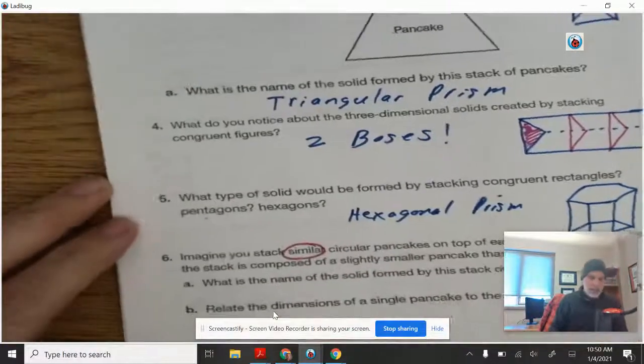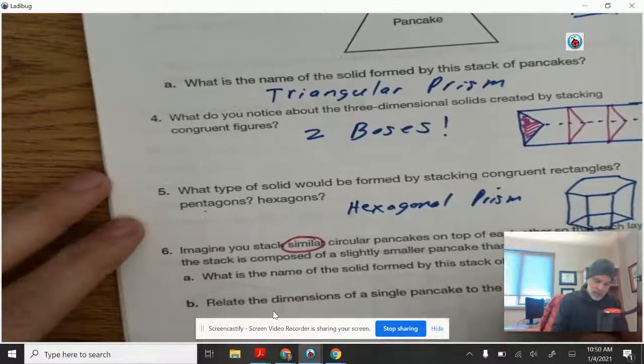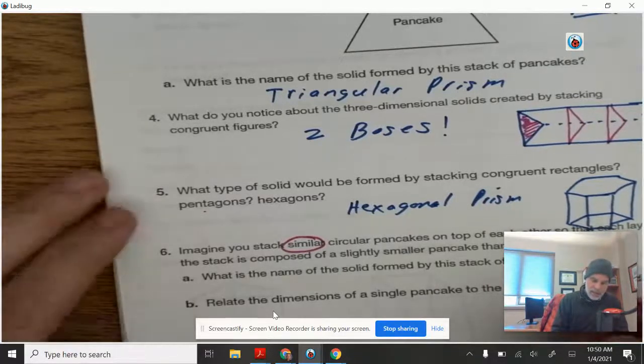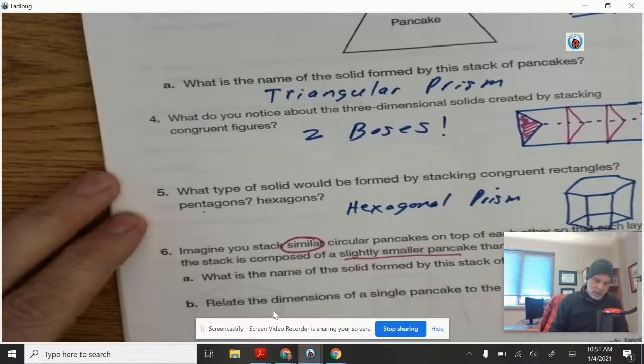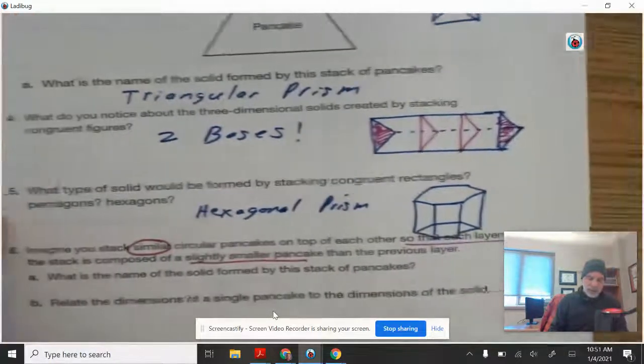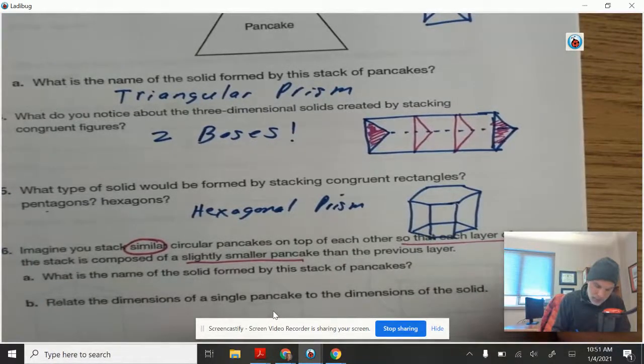Similar meaning each one has been dilated, and it says we're going to pour these pancakes so that each layer is slightly smaller. So that means I would have a pancake on the bottom, and then another one right here that's a little bit smaller, and another circle a little bit smaller, a little bit smaller, a little bit smaller.